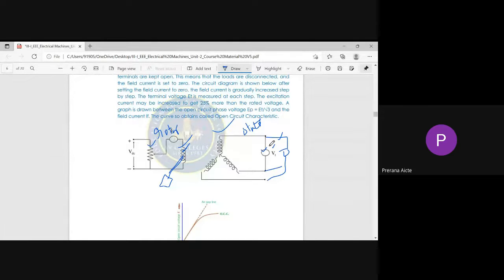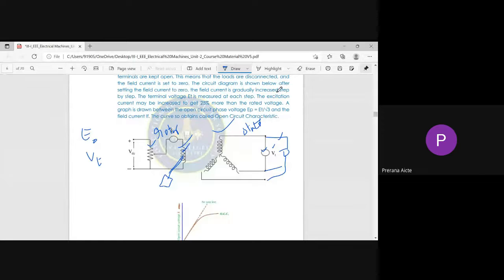Then suddenly we remove the load with the same excitation and same speed. Then the voltmeter measures the no-load voltage, that is E0. Under load condition, VT is measured. Then (E0 minus VT) divided by VT gives the voltage regulation of the alternator under load condition by the direct method.